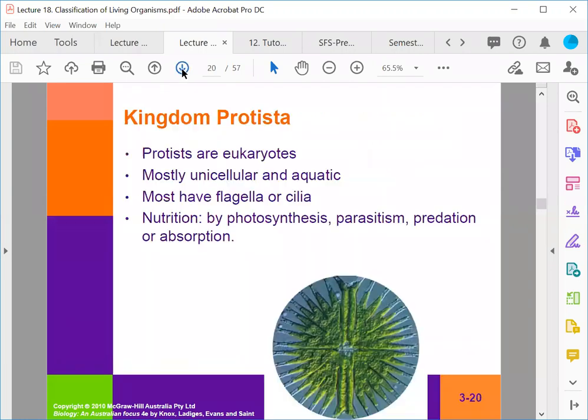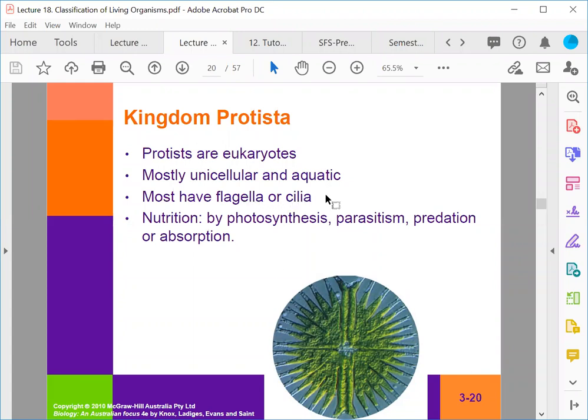Absolutely right. All right, so we'll leave that very interesting kingdom Fungi and move on to kingdom Protista. The protists are all eukaryotes. Most of them are single-celled and aquatic. Most of them have little structures called flagella, well, one or more flagella or cilia.